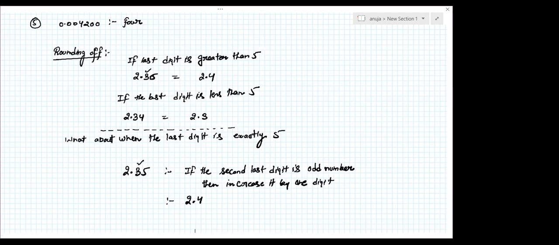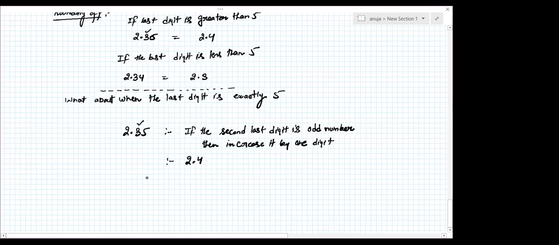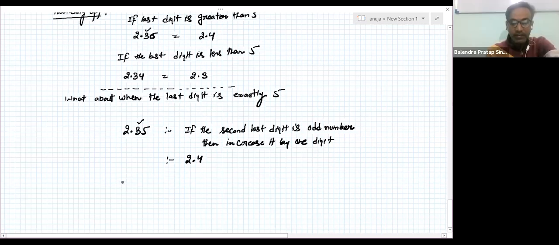Sir, but when it's even? Next I'm showing you if the number is even. Suppose I have 2.25. If the second last number is an even number, then you don't need to do any kind of change.